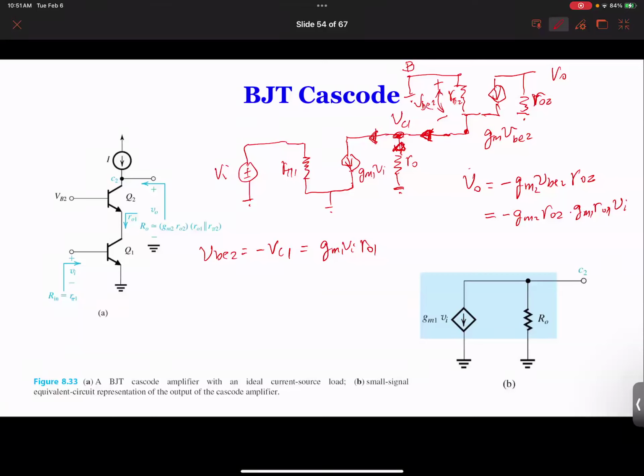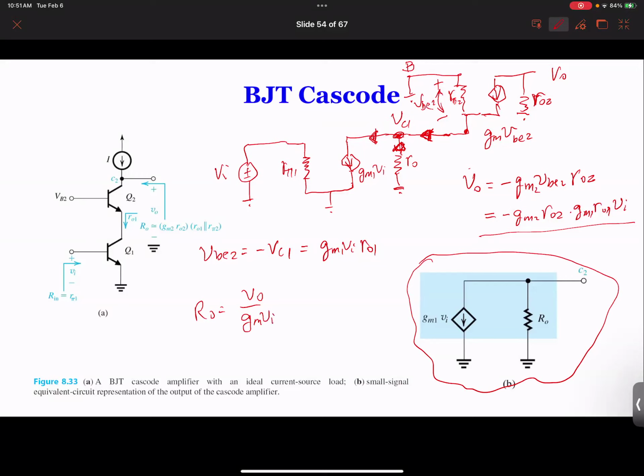Since we got the gain over here, and we drew the equivalent circuit, and this equivalent circuit has RO, based on here we can calculate RO equal to VO over GM1 times VI, which is the current. It should be minus VO divided by this, so then we can get rid of the minus sign.